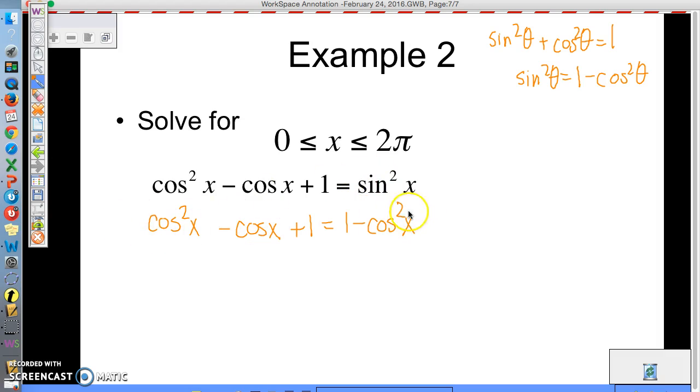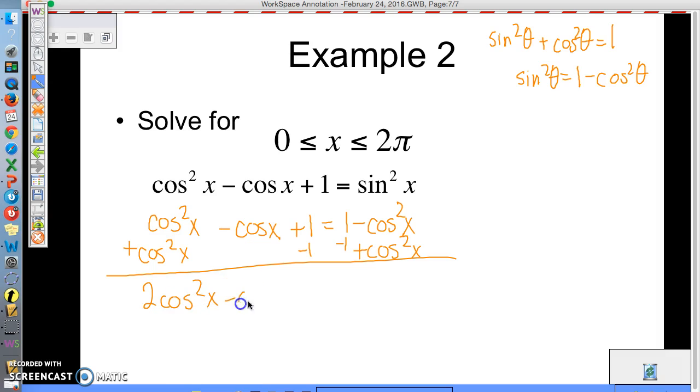Well, you could think of this as a quadratic, and because we have the squared, so let's set it equal to 0, plus the cosine squared of x, and then minus 1. So we have 2 cosine squared of x minus the cosine of x equals 0. Well, we can factor cosine out of these.